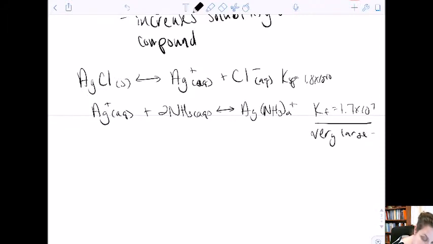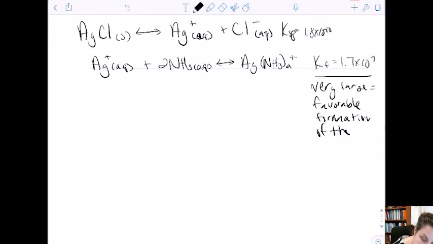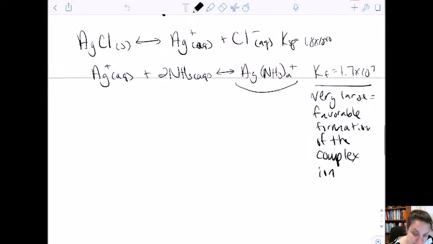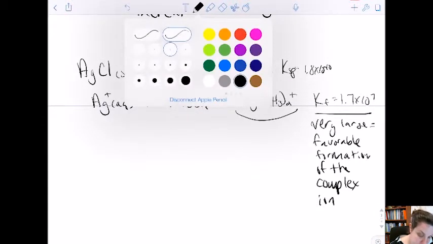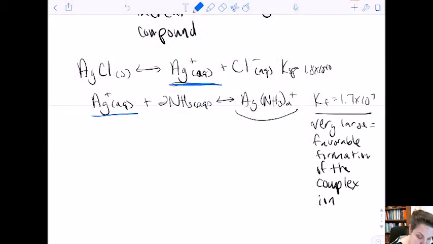So very favorable. So our complex ion forms very easily, this one right here. And whenever we form this complex ion, it uses up this, right? So we have here and here. So our formation of a complex ion removes silver, which causes a shift in our equilibrium towards solubility.